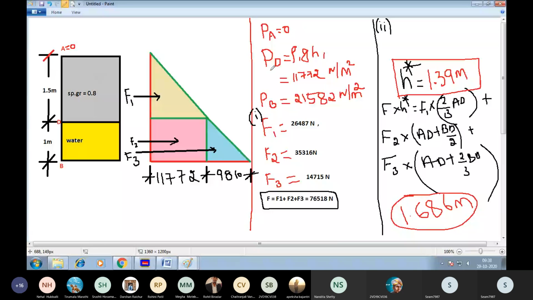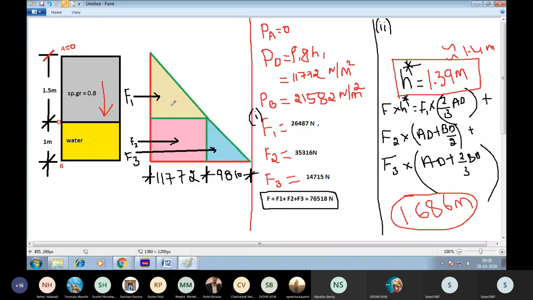Okay. So we have identified the force F1, the pressure of the liquid having a specific gravity 0.8, which is going to exert pressure on water in a vertical downward direction. So taking this as a reference, 1.39 or approximately 1.4 meter, where does it come?